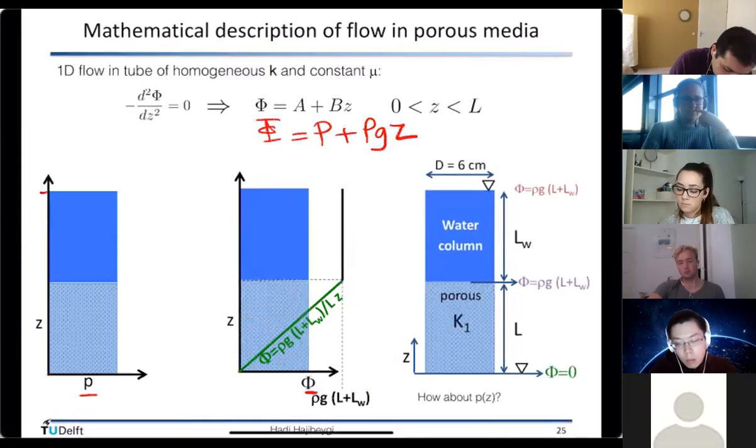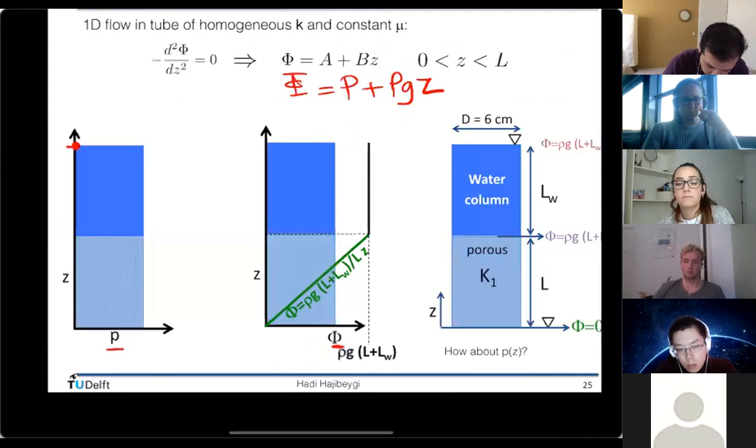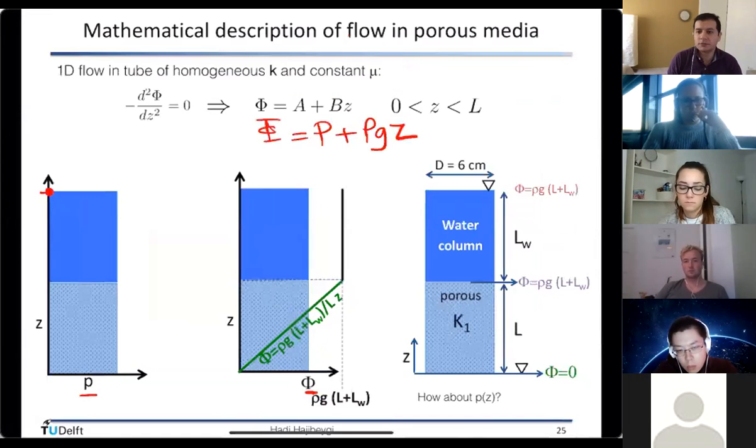So at the top, relative to atmospheric pressure, it becomes 0. It is also seen here, when potential is rho g Z plus P, and P is atmospheric, so we can say it is 0. What's the pressure at the bottom of the sample? At the bottom, again, it is also 0, atmospheric.